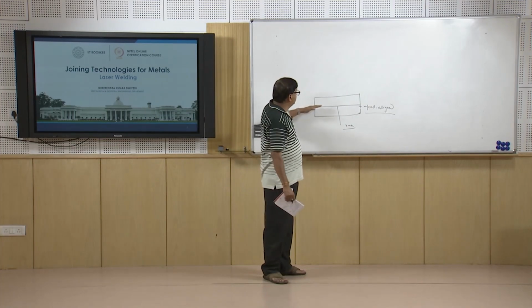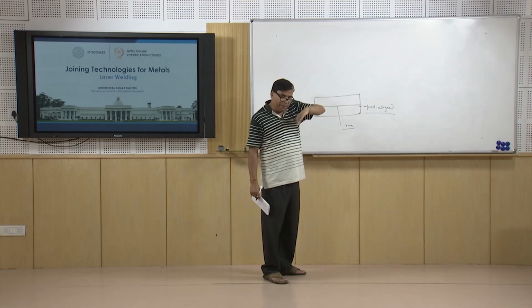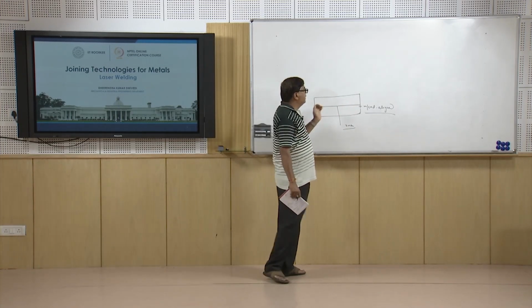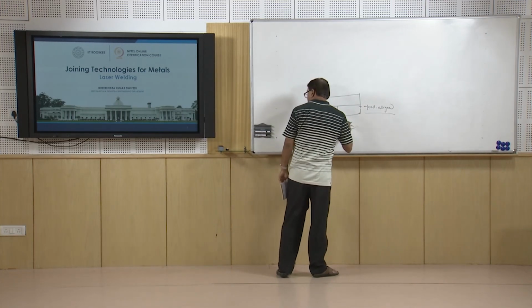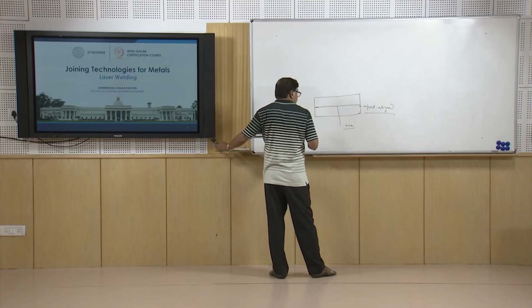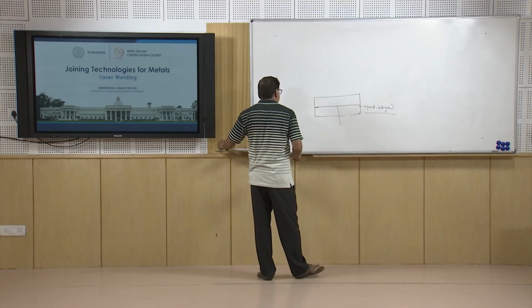So it is very important that the edges of the plates must be properly machined, straight and aligned, so that the gap between the plates to be joined is very small, rather smaller than the diameter of the laser which is to be used.